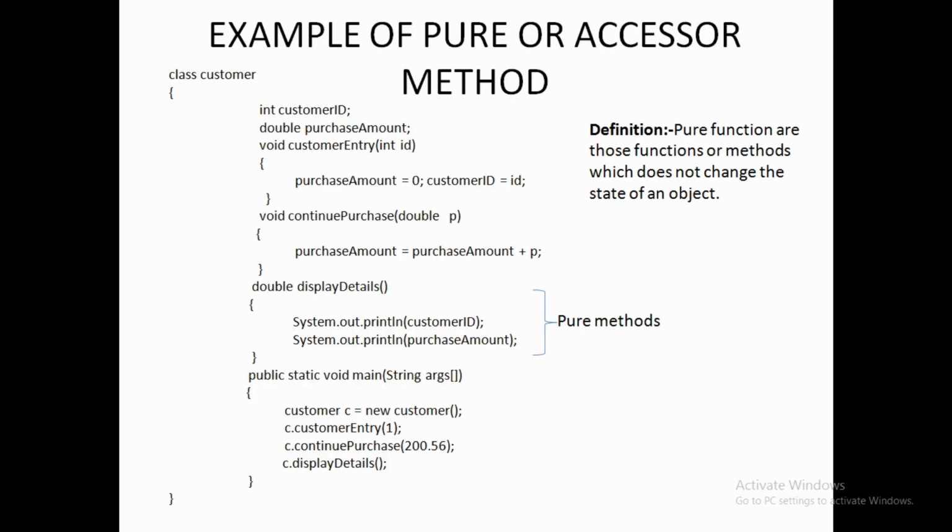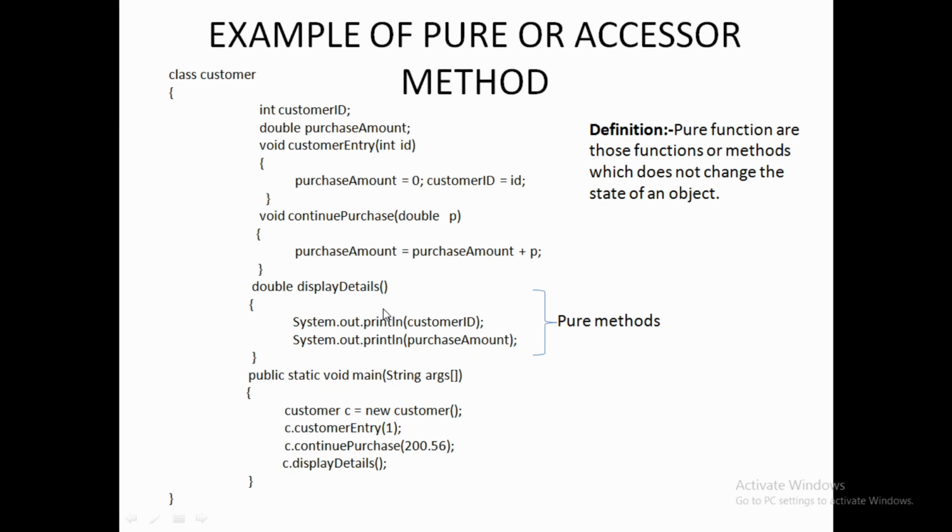In this slide we have defined a class named Customer having instance variables customer ID and purchase amount, and few methods such as customer entry, continue purchase, display details, etc. In the main method we have created an object of the Customer class, and using the object we have called several methods.